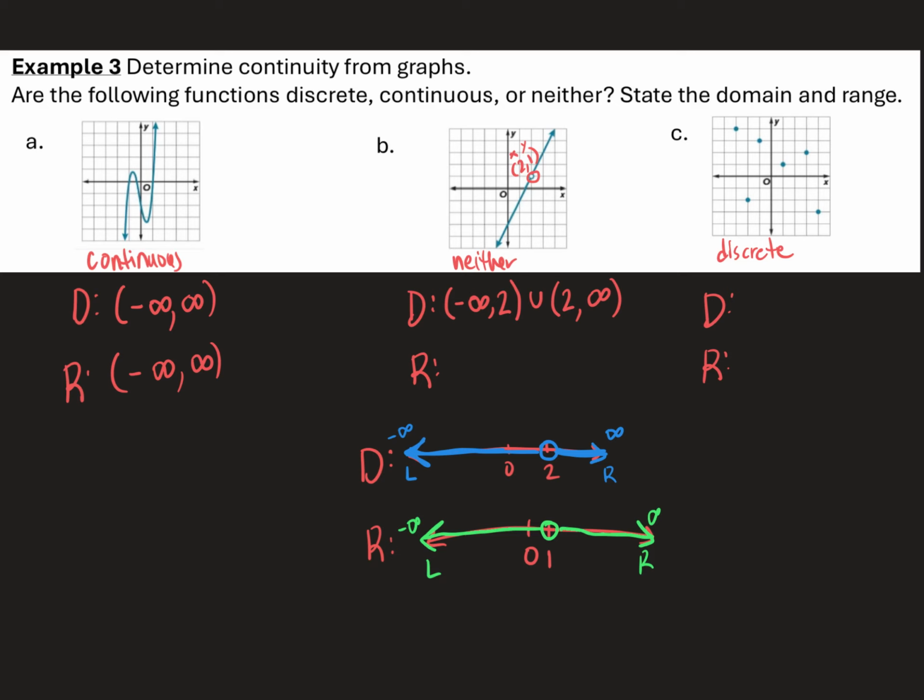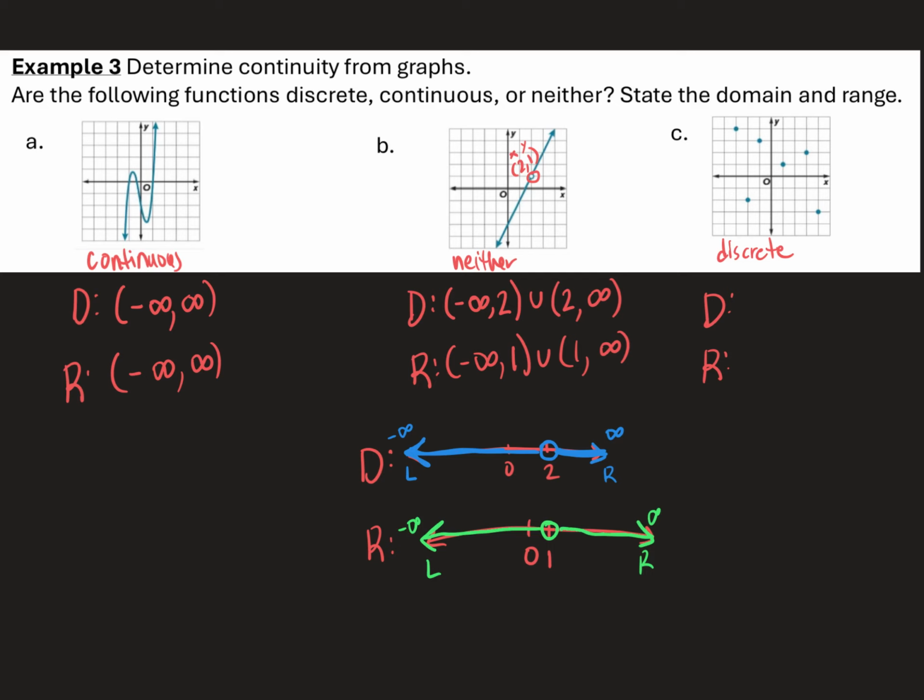So that range is going to look very similar. It's going to be from negative infinity to 1 with a parenthesis because it's an open circle, union 1 to infinity. So that would be my domain and my range for letter B.